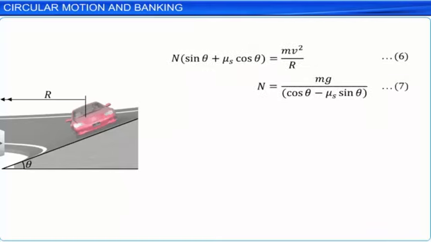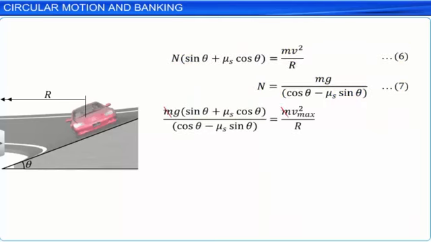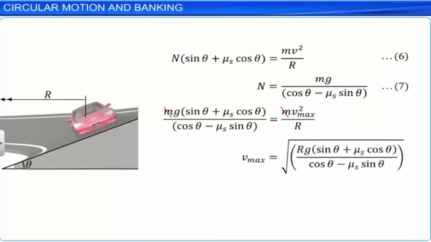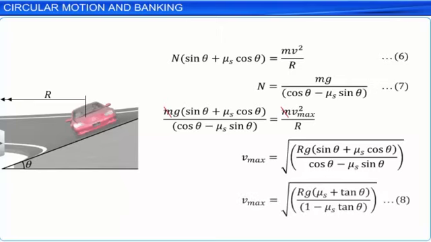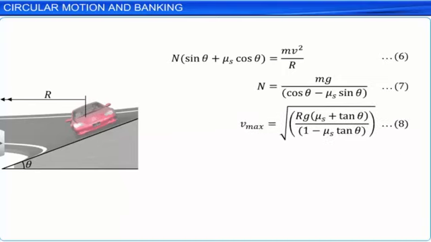Substituting equation 7 in equation 6 and solving, we get the maximum velocity, Vmax, as shown. Now, dividing all the terms on the right-hand side with cos theta, we get equation 8 as shown. If the frictional force is negligible, the maximum velocity, Vmax, is equal to the whole root of rg tan theta.